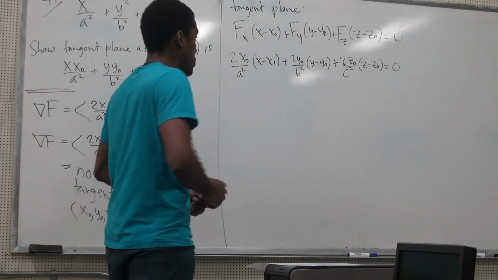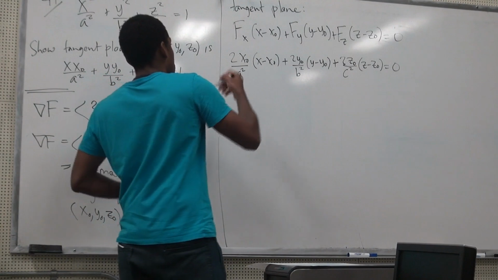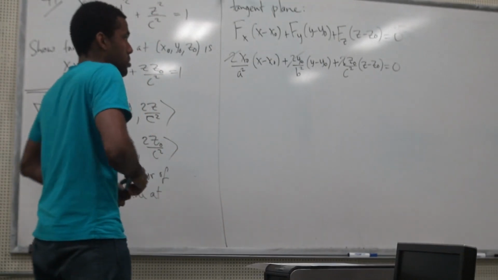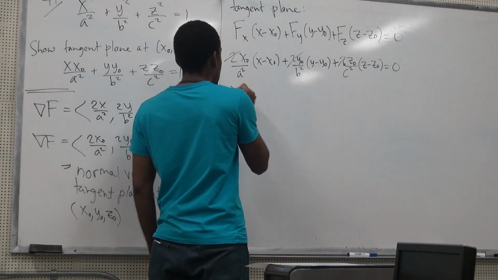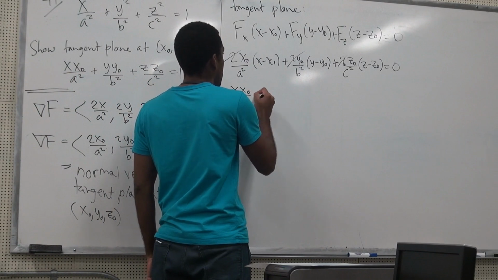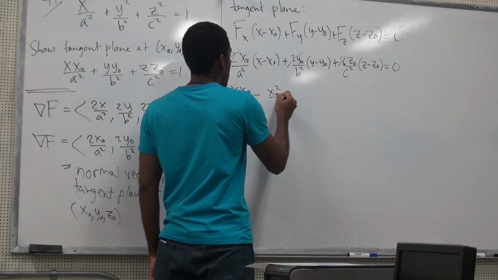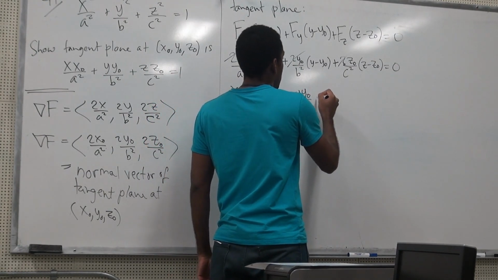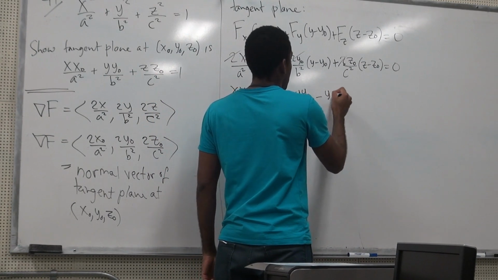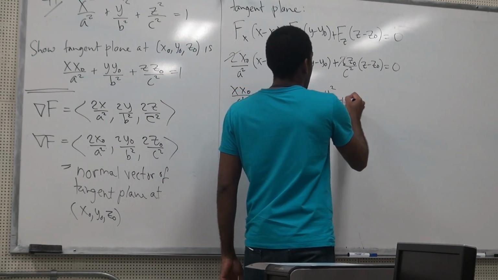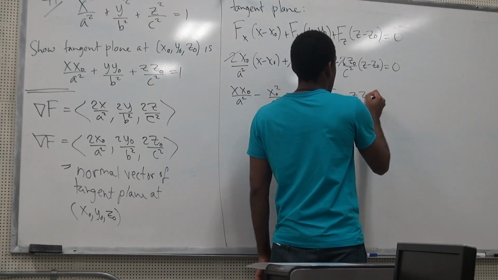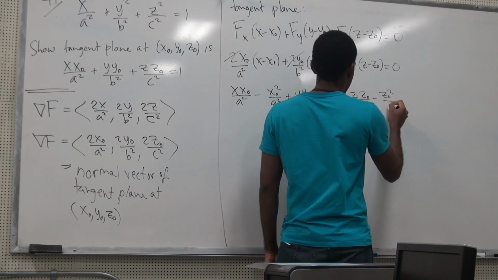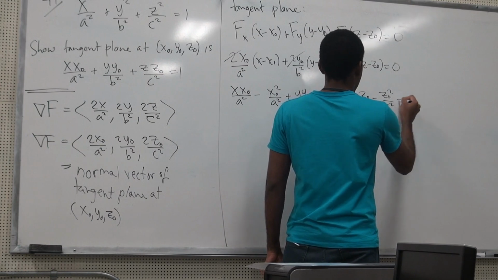Now what? You can divide both sides by 2, get rid of all these 2's. And multiply out seems to be what you're going to want to do. So multiply this out, I get x times x naught over a squared minus x naught squared over a squared plus y times y naught over b squared minus y naught squared over b squared plus z times z naught over c squared minus z naught squared over c squared.